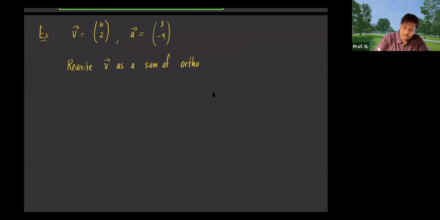If I'm given the vector V as 6, 2, and the vector A as 3, negative 9, rewrite V as a sum of orthogonal vectors.